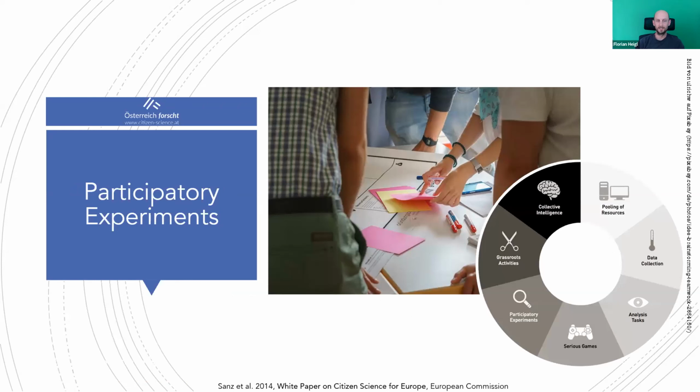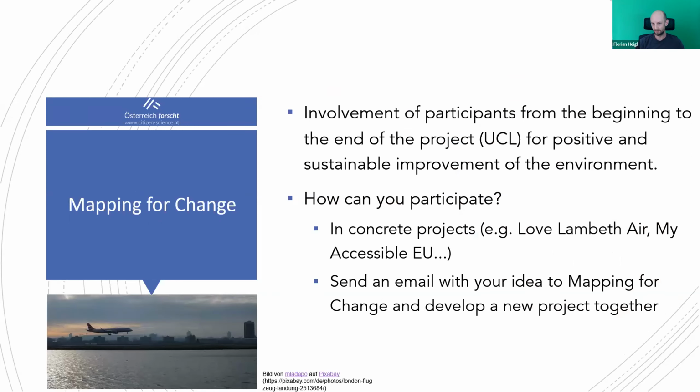The next section are the participatory experiments. And here participants are involved in the entire research process, from developing the research question to developing the methods to writing the publication at the end. And here a good example comes from the University College London, UCL.